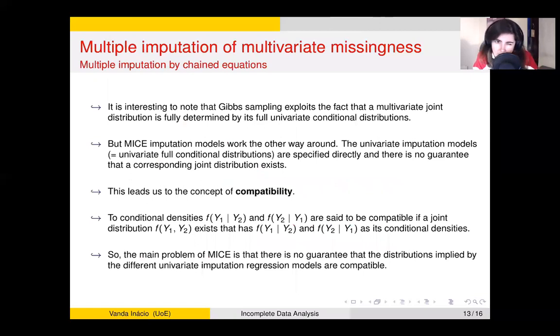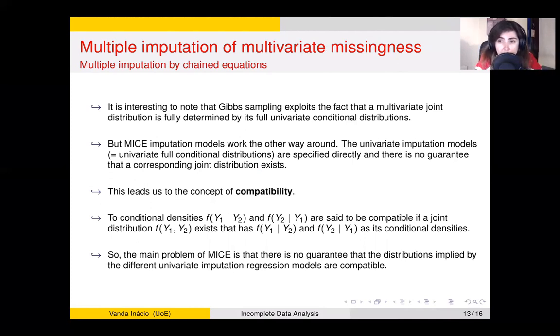And going back again to the fact that mice is an MCMC type of algorithm based on the idea of Gibbs sampling, and I've already mentioned Gibbs sampling for a multivariate distribution, right? f(y1, y2, y3), and we are interested in that multivariate distribution.